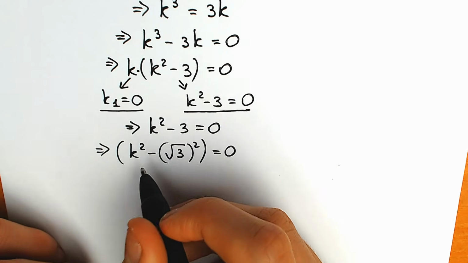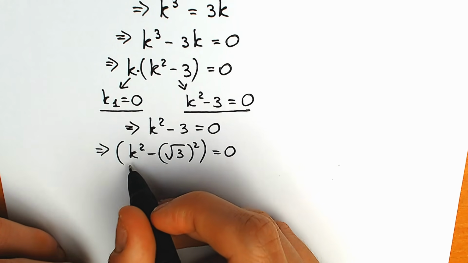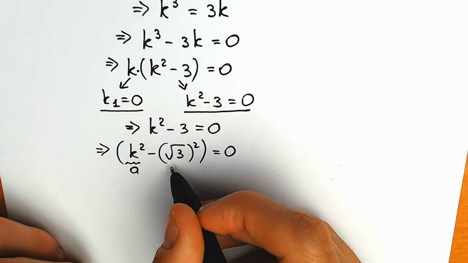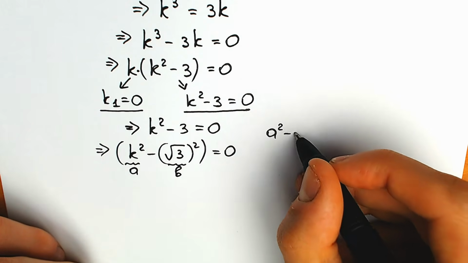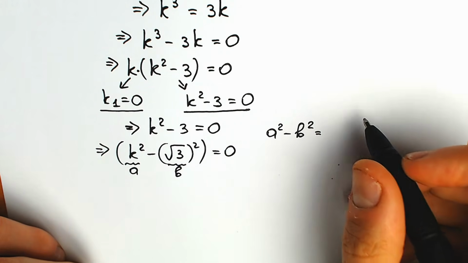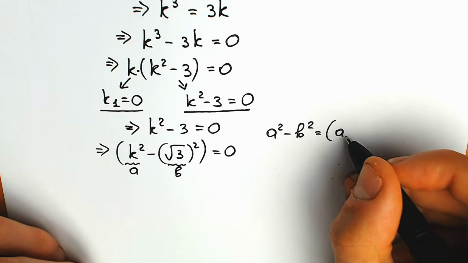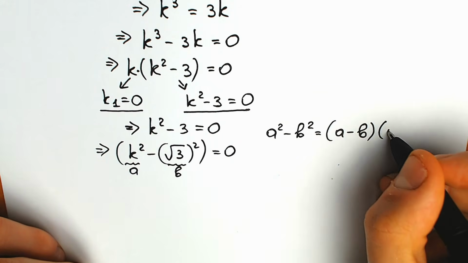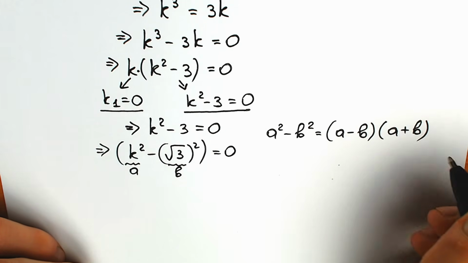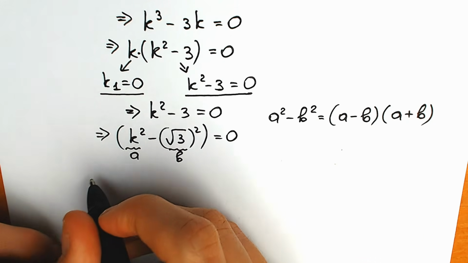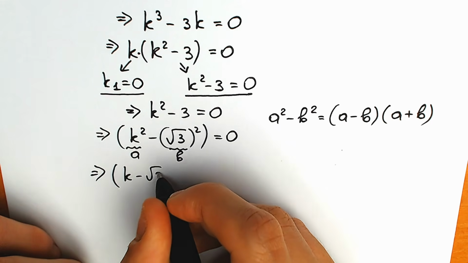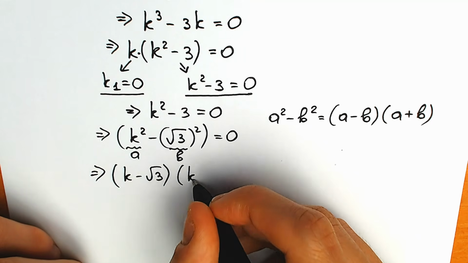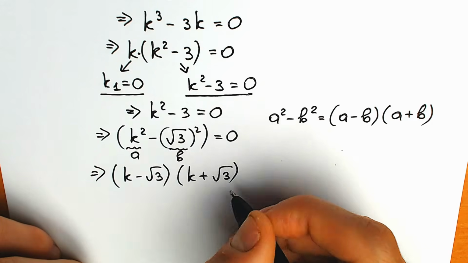So right now we considered it as a difference of squares. This is, for example, our a, and this is our b, and a square minus b square equal to a minus b times a plus b. And right now, let's simplify it. Let's factor it. We have k minus square root of 3 times k plus square root of 3 equal to 0.